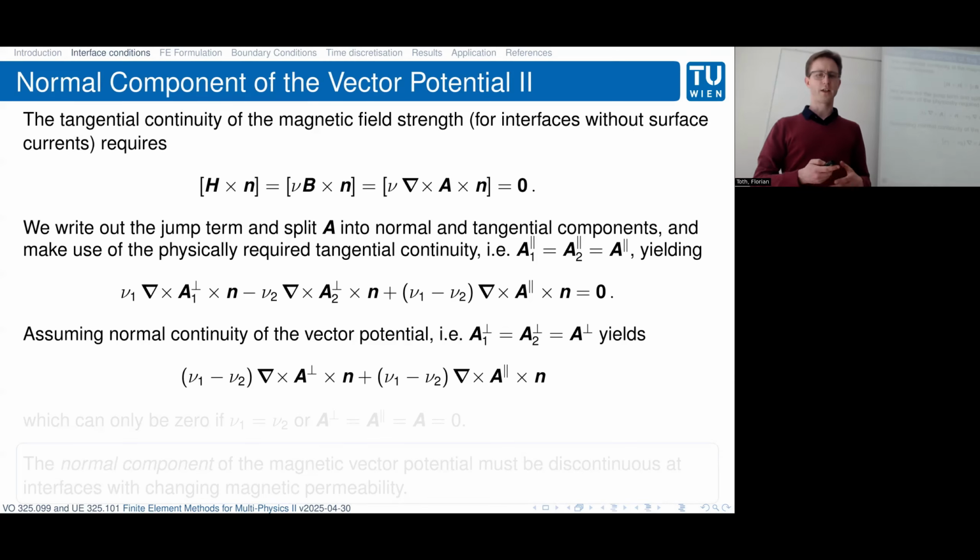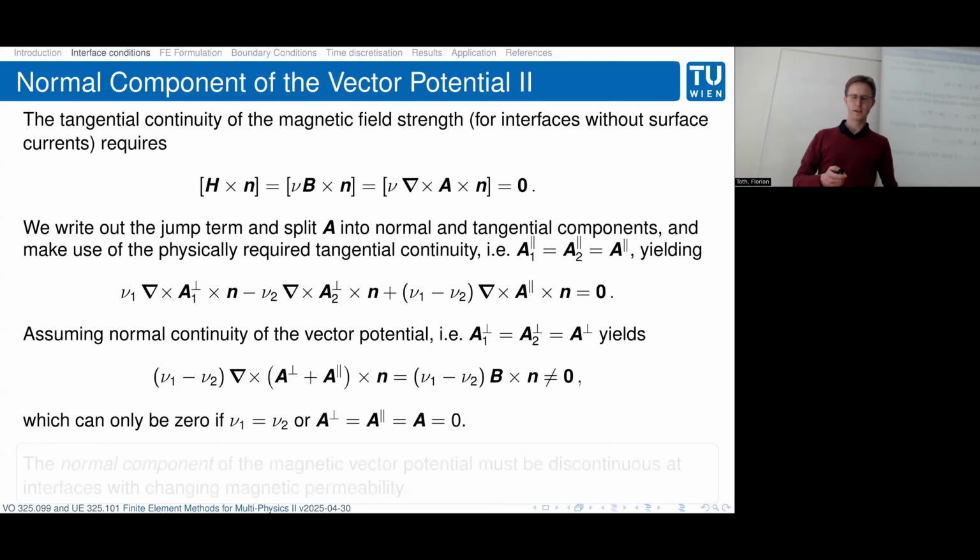So we can collect the A normals together, and this expression should be zero. And we can think, when could it be zero? This can either happen if we have no permeability jump, so ν1 is equal to ν2, then this gets zero. But this is not the general case. The only other option is that the magnetic vector potential is zero everywhere, but this is also not the solution we want.